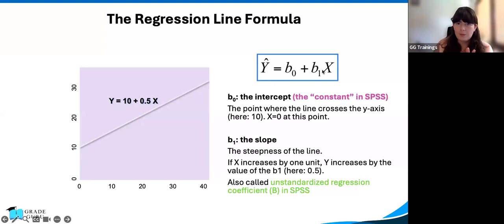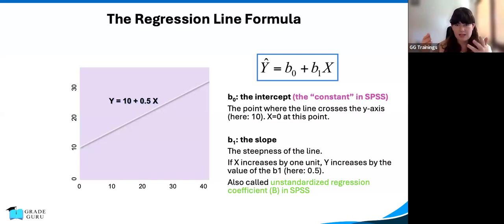And then your b1 in the formula is your slope. The slope literally refers to how steep your regression line is. And if you have to explain what the slope means in plain English, it means if x increases by 1 unit, whatever the unit may be, depends on what the variable is, y will increase by the value of the b1.